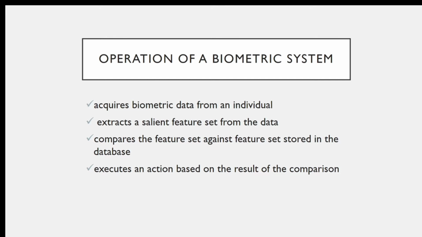So the operation of a biometric system is that of a pattern recognition system that acquires biometric data from an individual, extracts a salient feature set from this acquired data, compares this feature set against the feature set already stored in the database, and executes an action based on the result of the comparison.